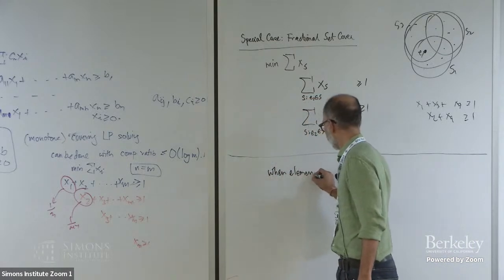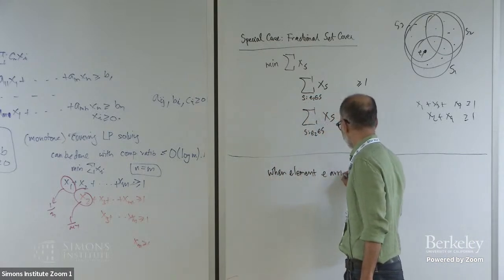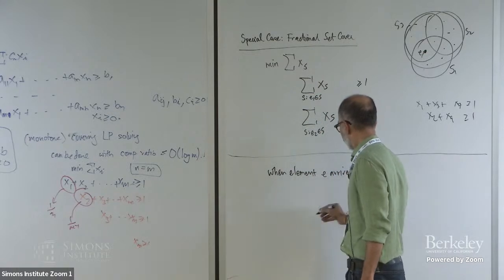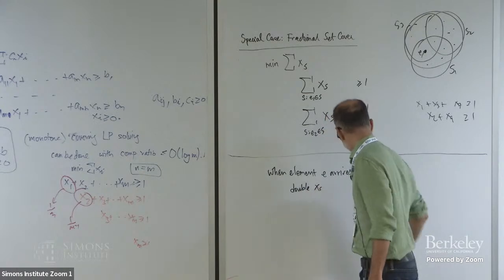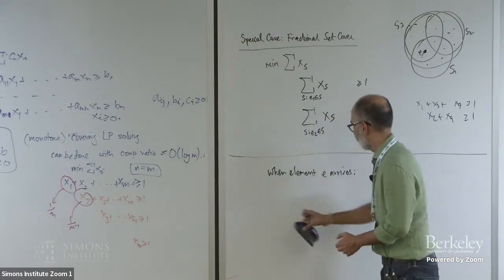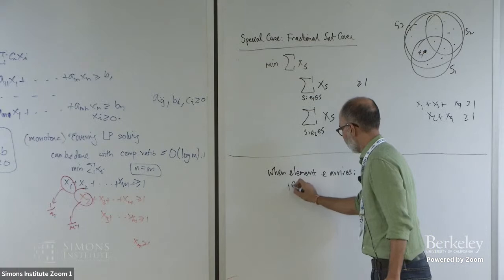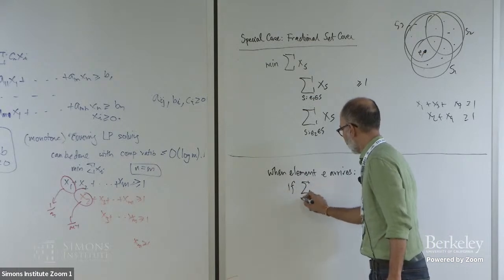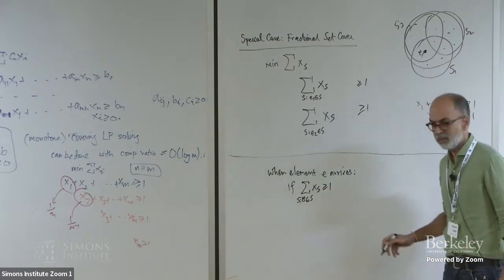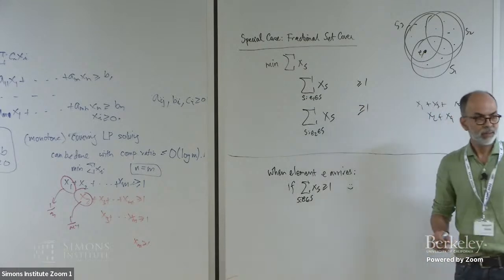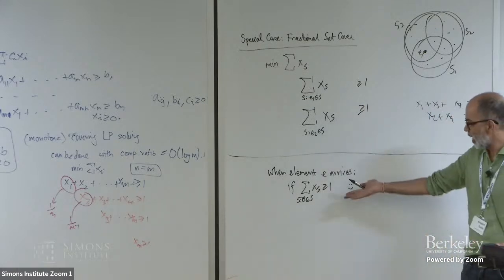When element E arrives, if the summation over S such that E belongs to S of xS is at least 1, we are happy. We wanted to satisfy this constraint.